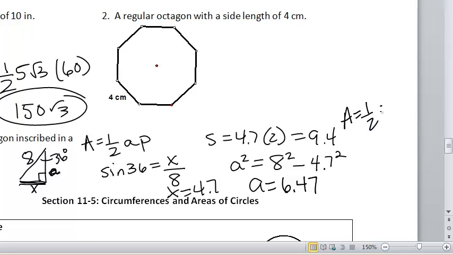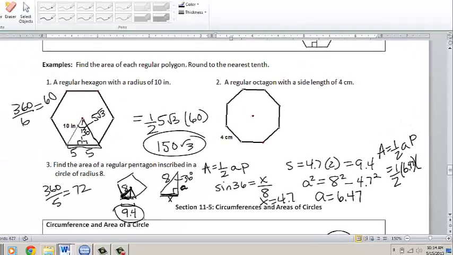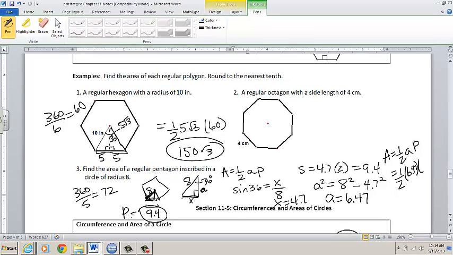So now I have everything I need, so I can plug it into my formula. Again, 1/2 apothem times perimeter, so 1/2 apothem, which we just found was 6.47, and then the perimeter is going to be the side length times 5 sides, since it is a pentagon. So what's the 9.4 times 5? That gets us 47 for the perimeter.